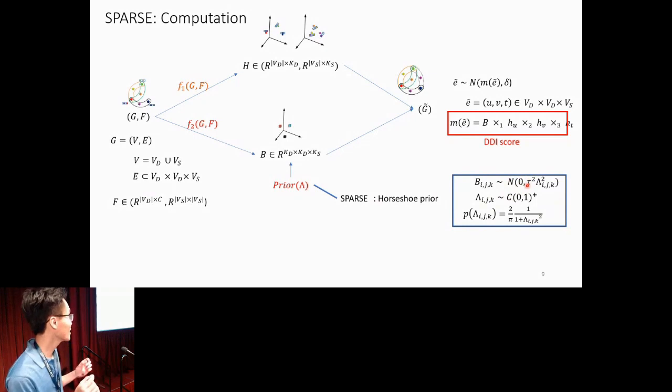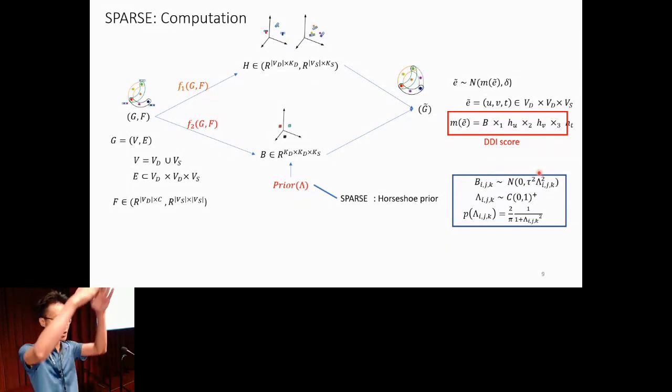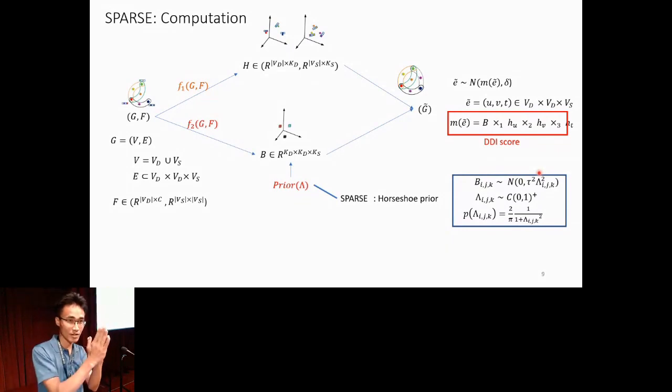Zero mean means if it's close to zero and all values equal zero, then it's very sparse, no non-zero values, and it has a variance. The variance allows us to control how the values differ from zero. If it's very large, it means that some feature is significantly different from zero. If the variance is very small, then the distribution is very narrow, and this collapses into zero, and we have a non-significant feature.